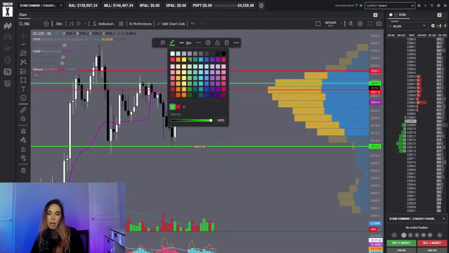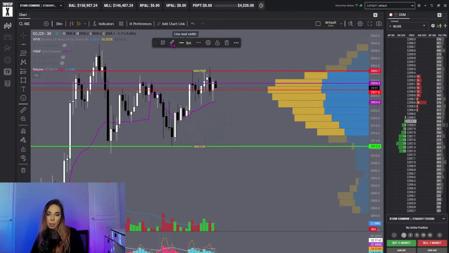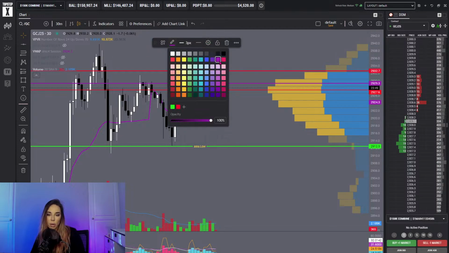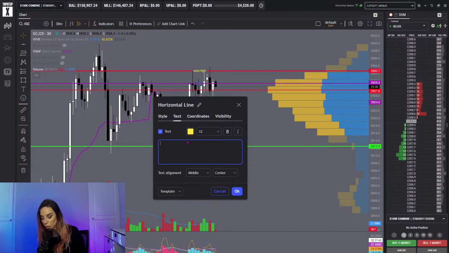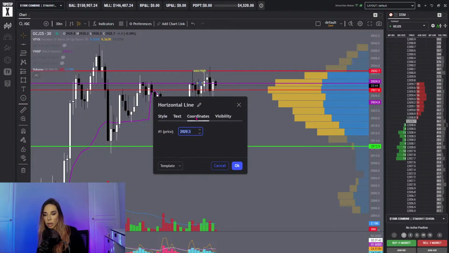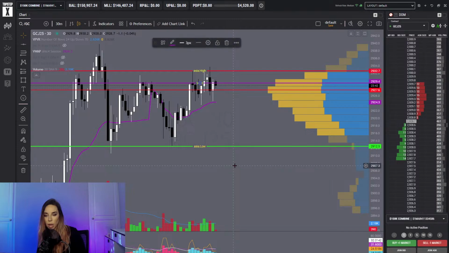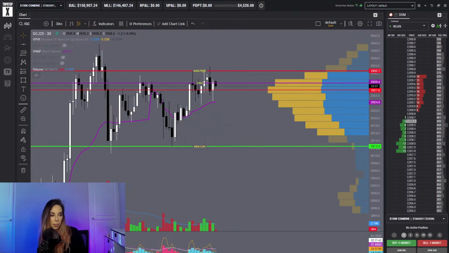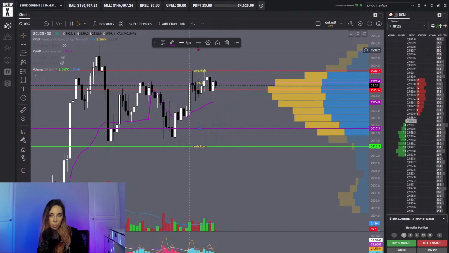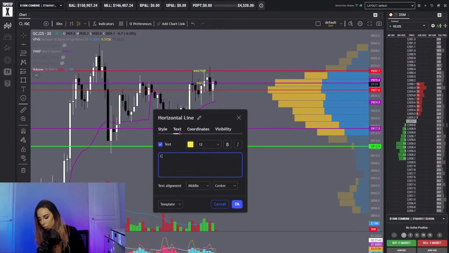I like to delineate my levels into different colors, because it makes me know what they are. So this is the value high for COMEX, and then the value low is 29.17.3.